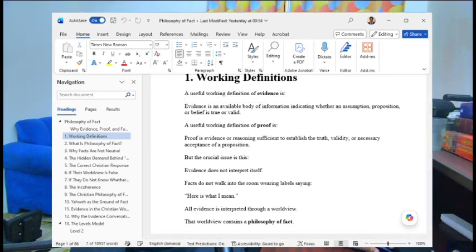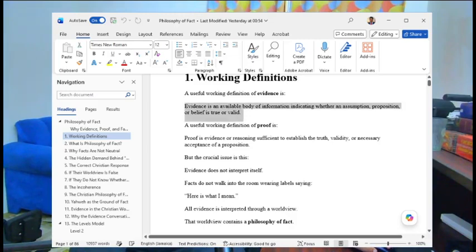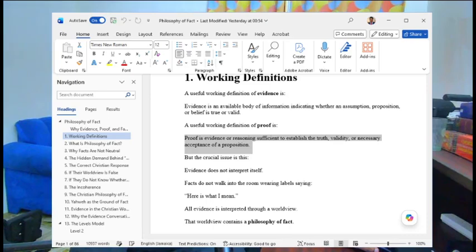Evidence is an available body of information indicating whether an assumption, proposition, or belief is true. And then what is proof? Proof is evidence sufficient to establish truth, validity, or necessary acceptance of a proposition.